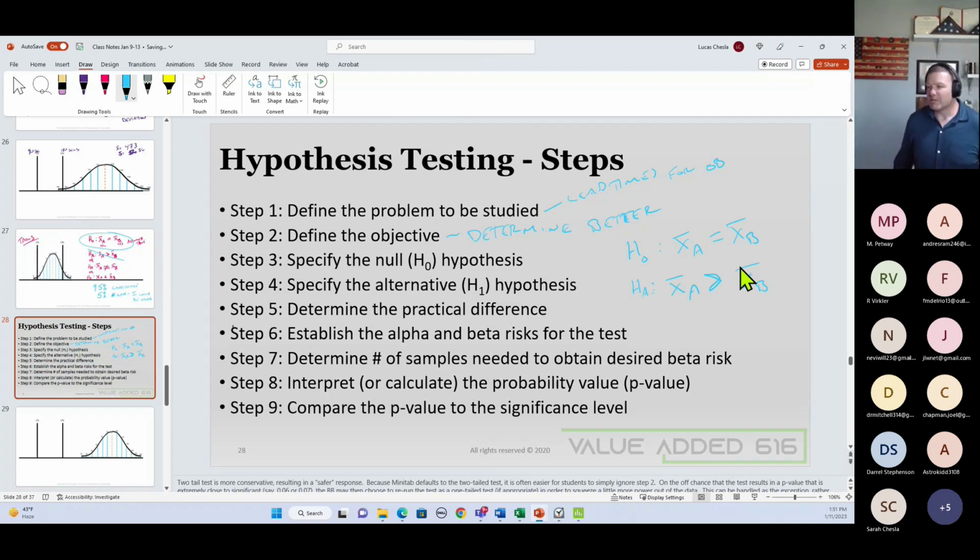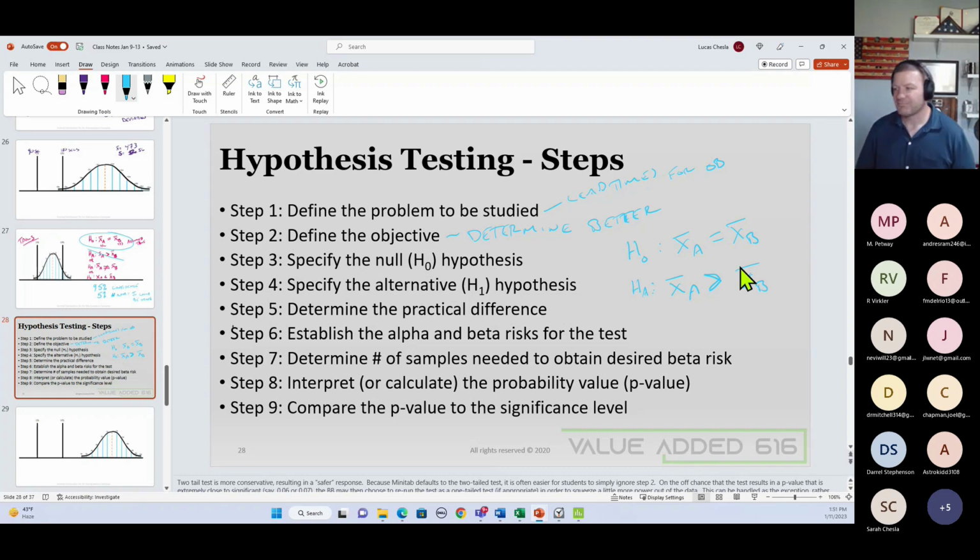Cool. Okay, practical significance, we focus on a little bit more in black belt, but at the green belt level, when you're talking to your subject matter experts and working through this, you say, listen, there might be a difference, and I'll use a different example here.